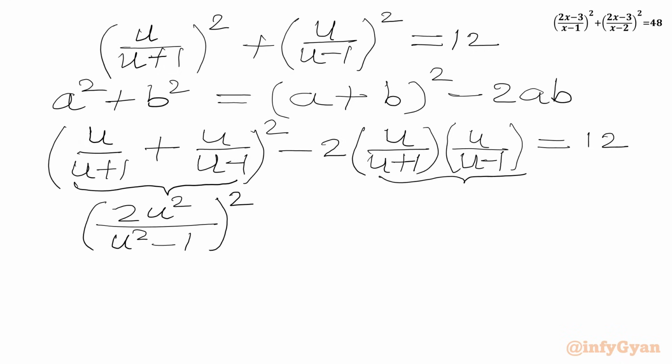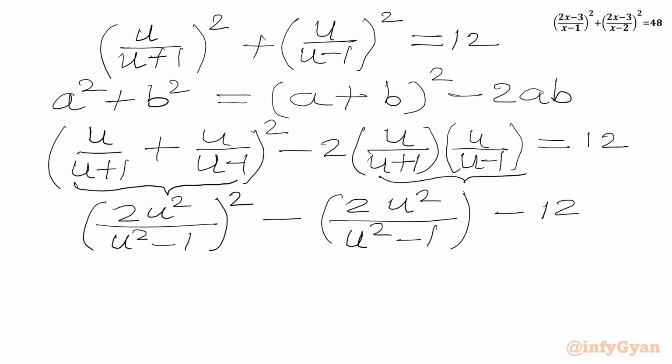Then we'll put power 2. Here we'll be writing 2 times 2u square over (u + 1)(u - 1), u square minus 1. Then we'll take 12 to the LHS, so minus 12 equal to 0.